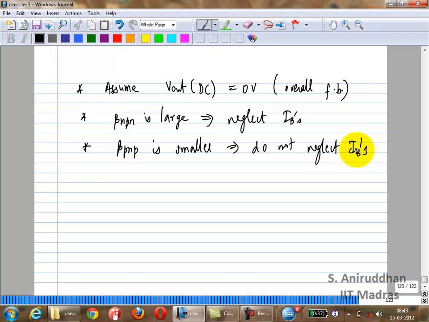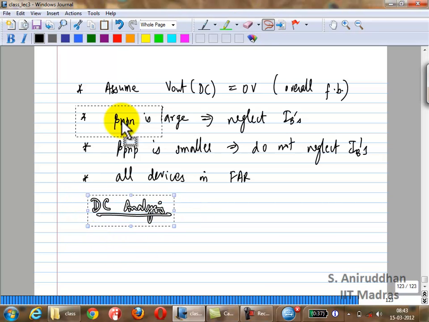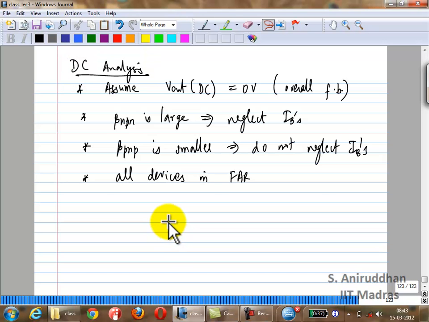Right? So you can't neglect the base currents. And finally, we'll assume that all devices are in forward active region. Okay, that is, we always do that, right? For proper operation, that has to happen. Okay, actually this should go above this. So these are the assumptions for DC analysis.